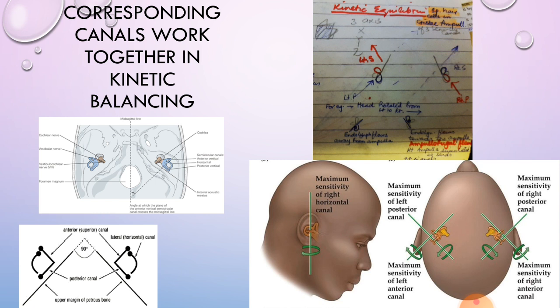The stimuli are generated because of the inertia of endolymph, which stays where it is when the head is moved in one direction. In this example, the right ampulla is stimulated and sends more stimulus towards the brain because of the ampullopetal flow of endolymph, and the brain deciphers or translates the head movement towards the right.